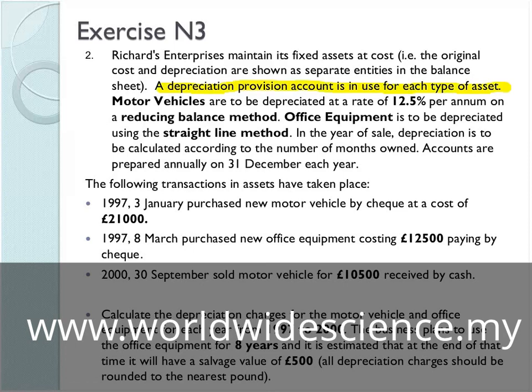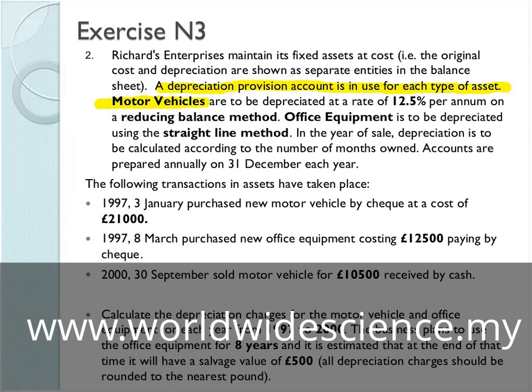That means the company is using 2 kinds of methods to depreciate its assets, which are the reducing balance method and the straight line method. For each type of fixed asset, different methods are used. For example, motor vehicles are to be depreciated at a rate of 12.5% per annum on a reducing balance method.